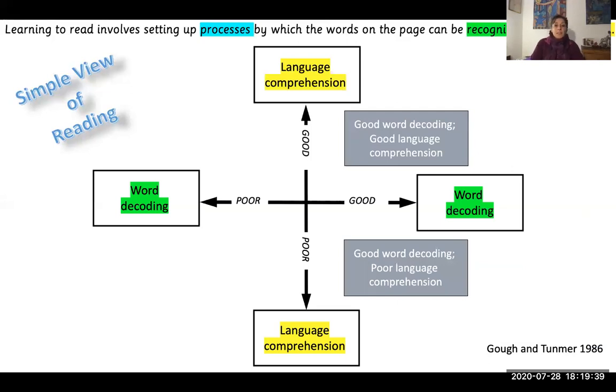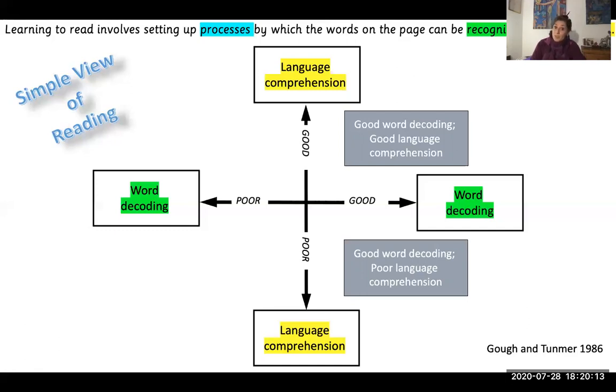We do have children who are very good at the technical part, at decoding, but understanding is a little bit behind or a lot behind. That is to say, they are a little bit poor at language comprehension. We have to identify these children so we are able to help them through their process of acquiring a fluency in reading.